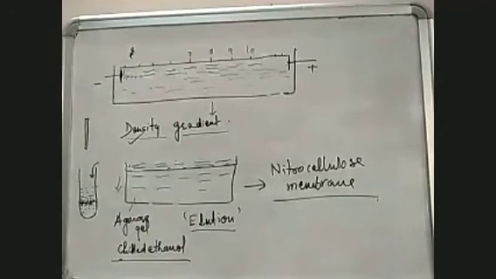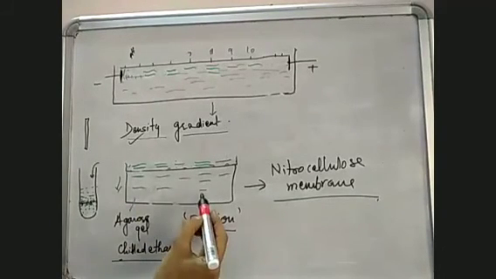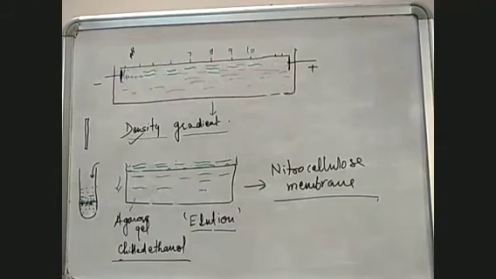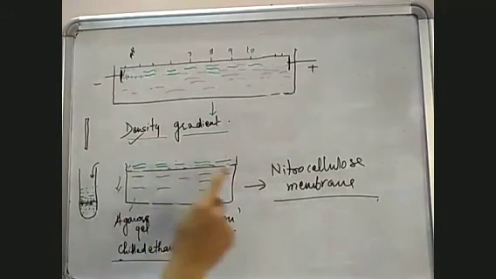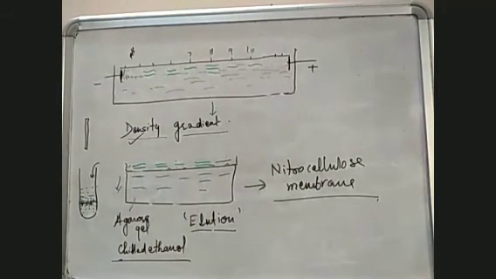Elution means we take a knife like a scalpel and remove the fragment. But the DNA fragments are so similar to the agarose gel that you will not be able to identify which is the DNA fragment. So how to identify that? There are two processes by which you can identify where the DNA fragment is, which we have to remove.